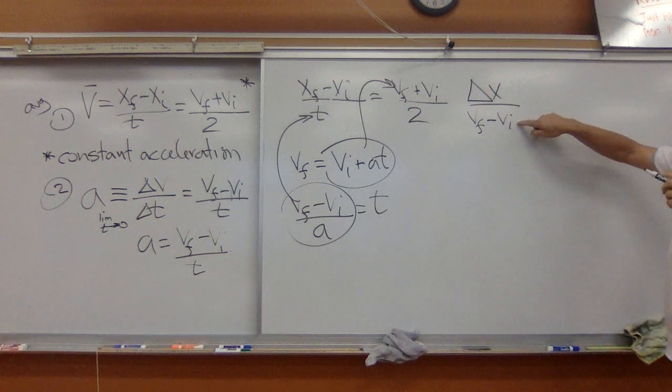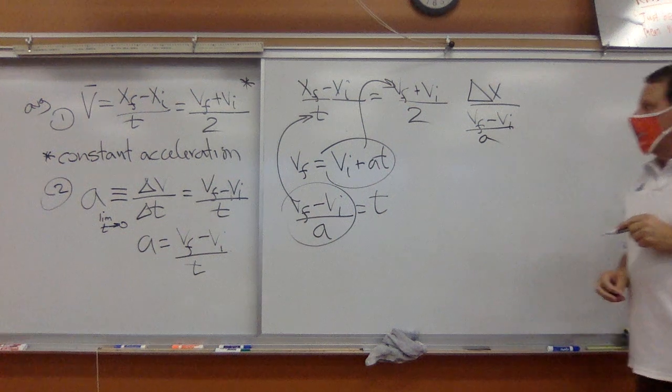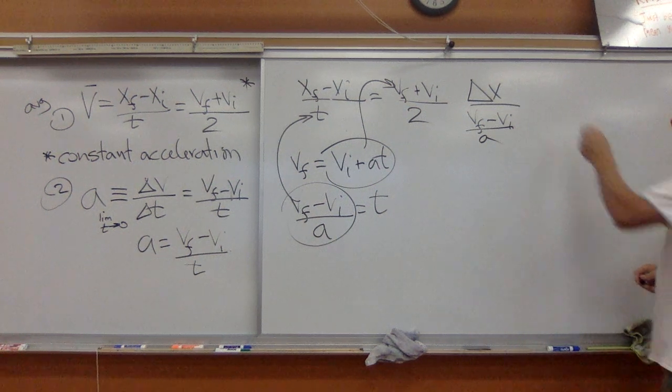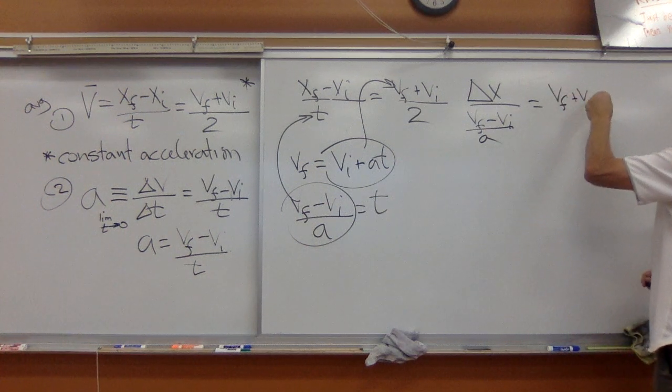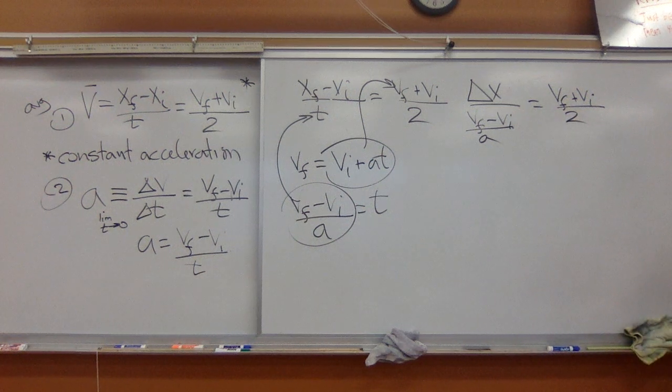We could also call that delta v, but I'm going to leave it like this, and that's going to equal v final plus v initial over 2. Are you guys good with that?